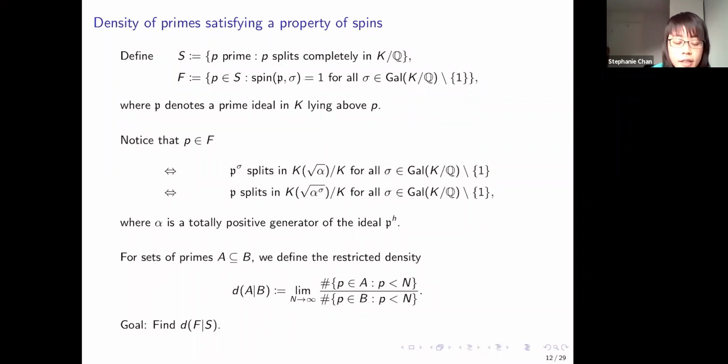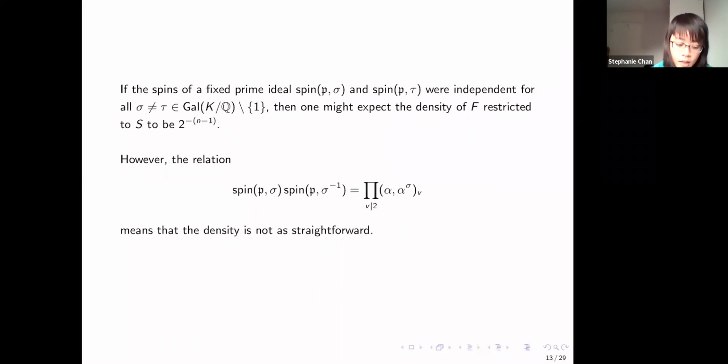And as I said, the goal will be to find a density of F in the set S. So if you look at the condition that defines F, you have n-1 quadratic symbol conditions to satisfy, then you might think that maybe 1 over 2 to the n-1 might be a good guess, right?